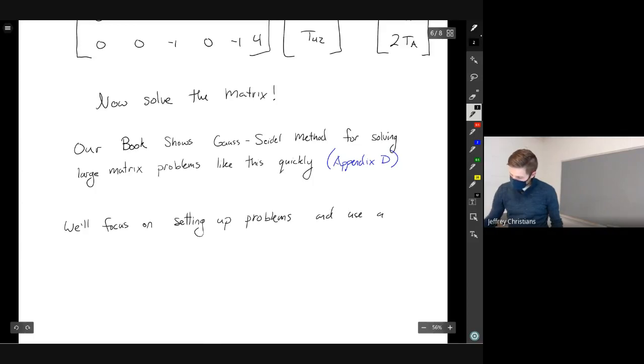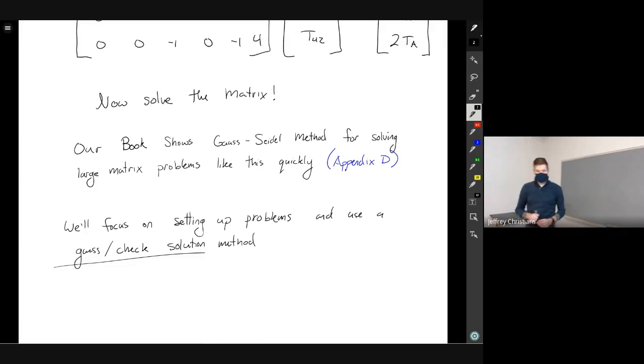And we'll use a guess and check solution method.